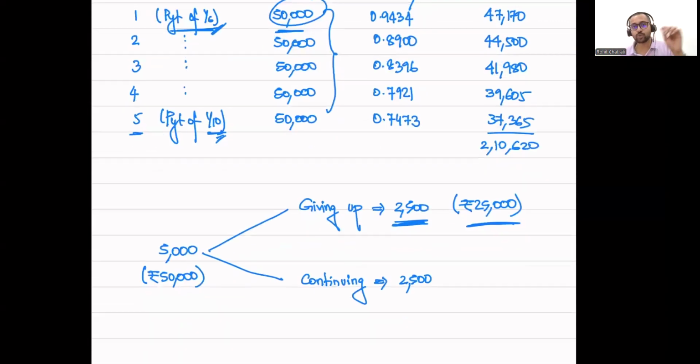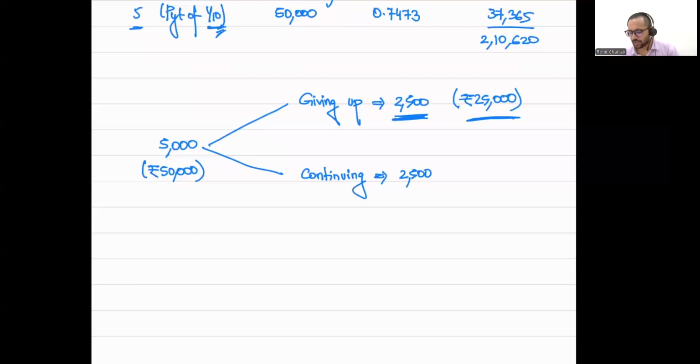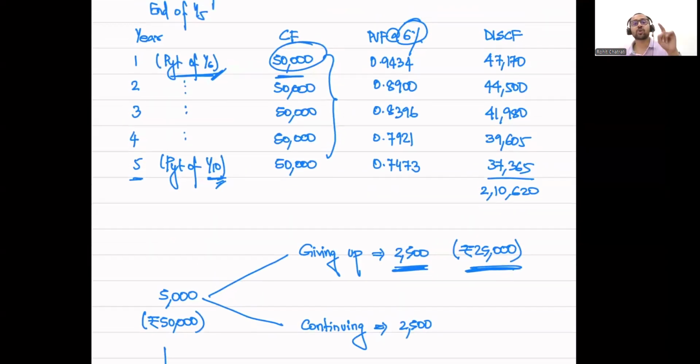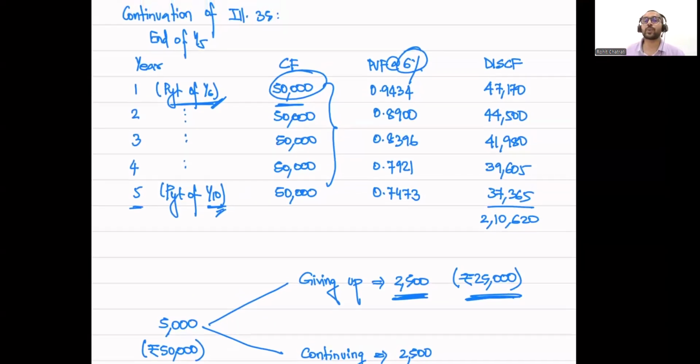The true fact is you are now reducing the consideration from 50,000 to 30,000, so in reality you're no longer required to pay 20,000. But Ind AS 116 is presuming that you are no longer required to pay 25,000. If you are no longer required to pay 25,000, that is the amount of liability that you are no longer obligated to pay.